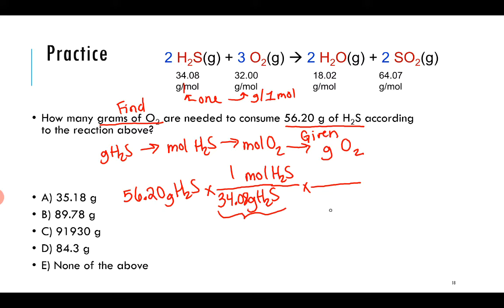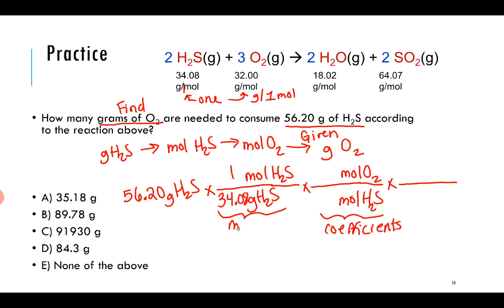All right, and then here we need to switch from H2S to our other compound, which is O2. So these are our coefficients. And this was our molar mass.